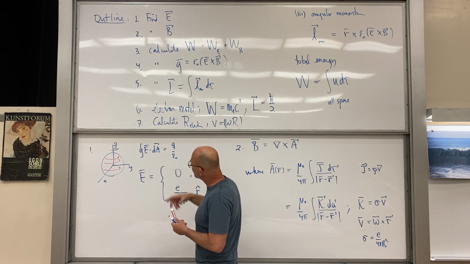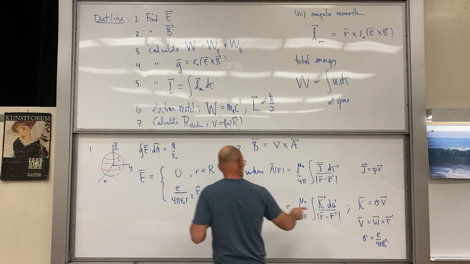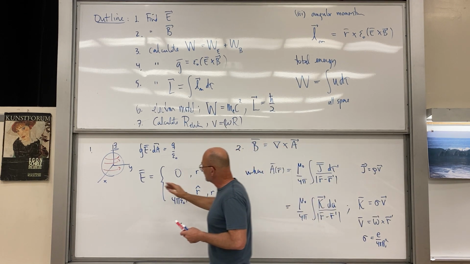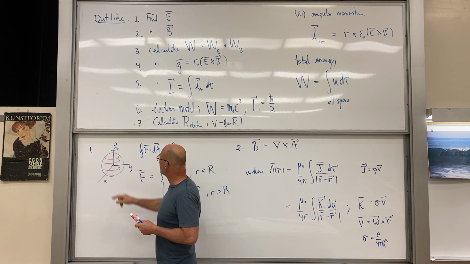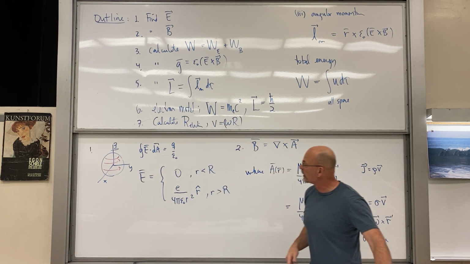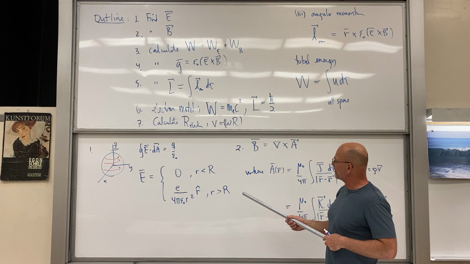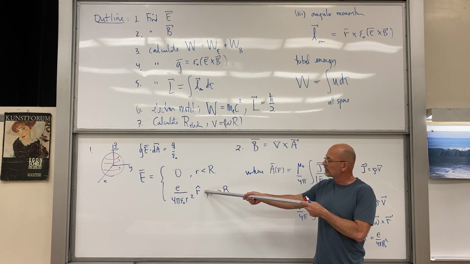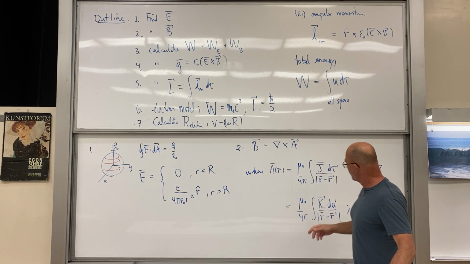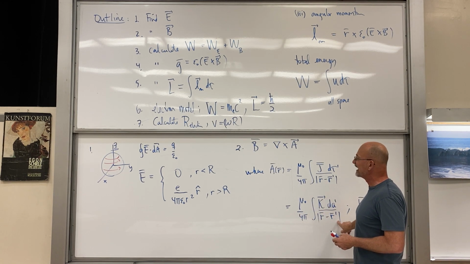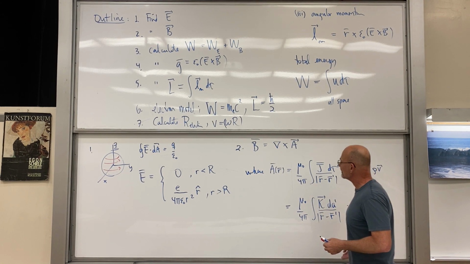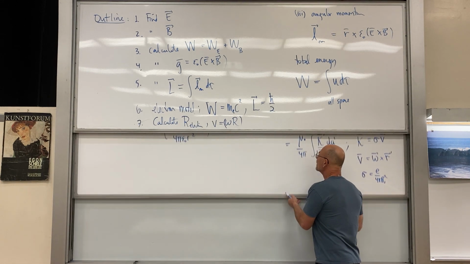It's no surprise that the integral is only going to be proportional to phi hat when we go into spherical polar coordinates, which is what we're going to do. This is already good for spherical polar coordinates. So let's continue right under here.